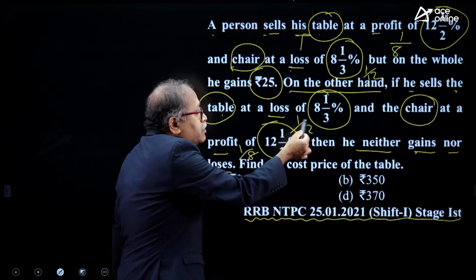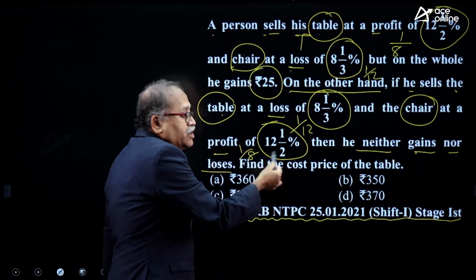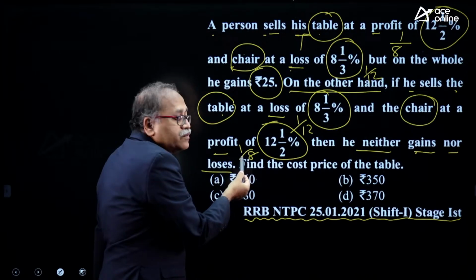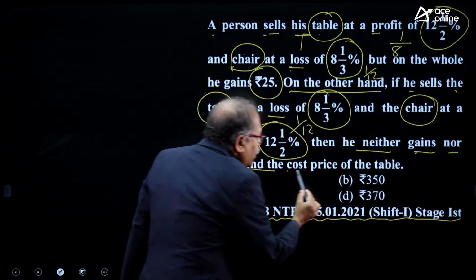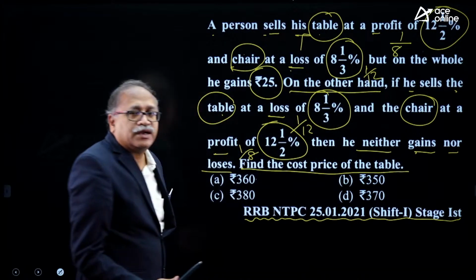So the fraction of one part will be equal to the fraction of the other part, of table or chair. Now find the cost price of the table.